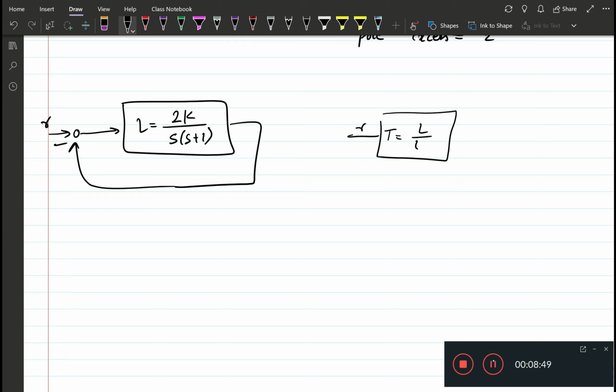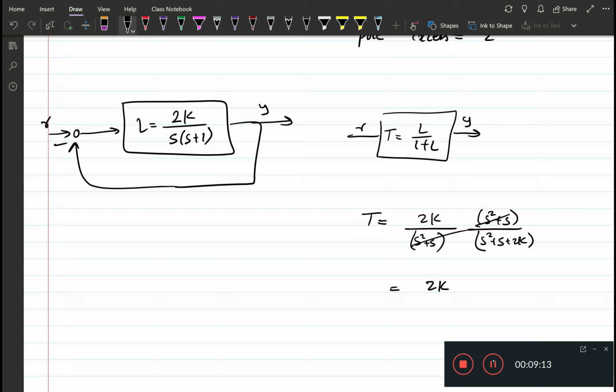So let me just write down here, L over 1 plus L, so that's our Y, and T is 2k over s square plus s times s square plus s over s square plus s plus 2k. So that would get cancelled, so you would have 2k over s square plus s plus 2k. That would be the closed loop transfer function from R to Y.